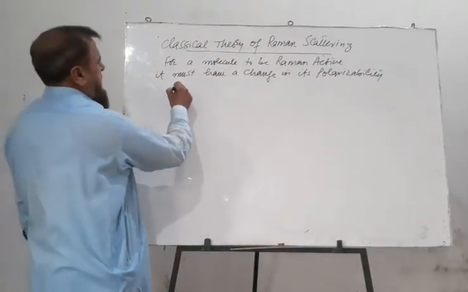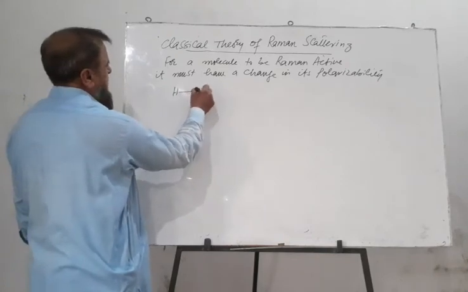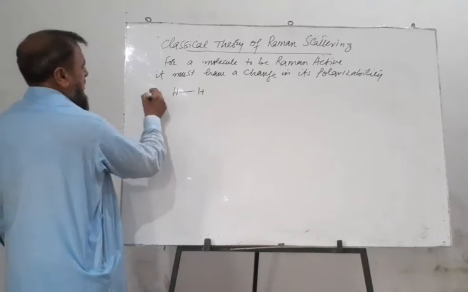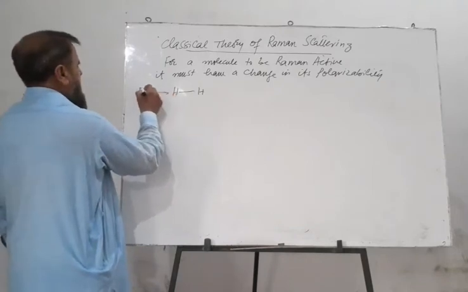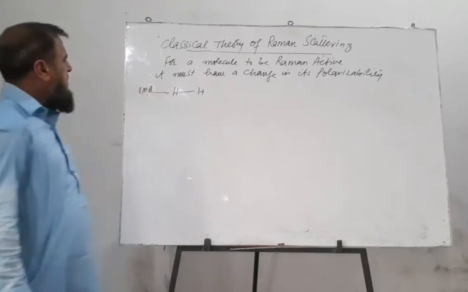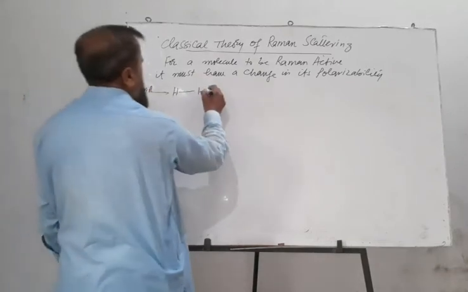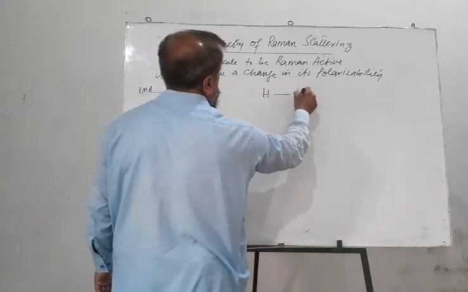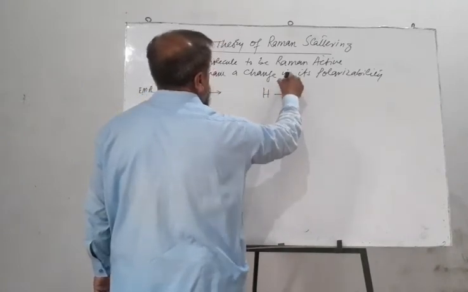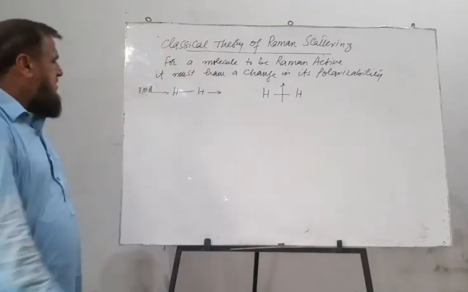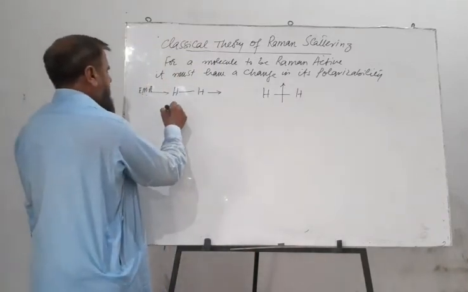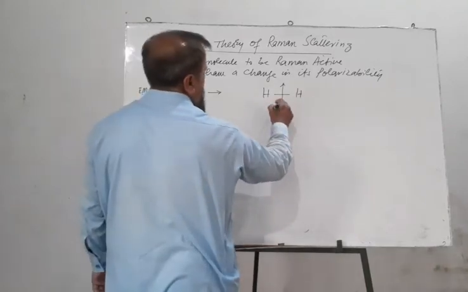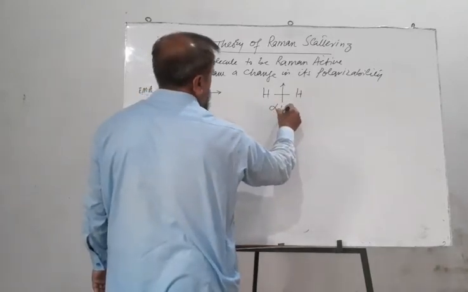We had discussed the case of hydrogen, in which the electromagnetic radiations fall on the molecule parallel to the axis, or they interact with the molecule perpendicular to the axis. In the first case the polarizability is alpha parallel, and in the second case it is represented by alpha perpendicular.